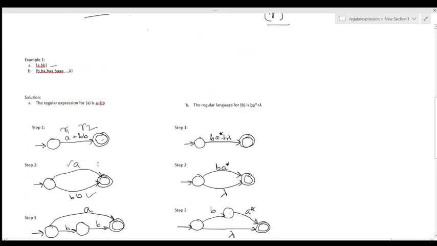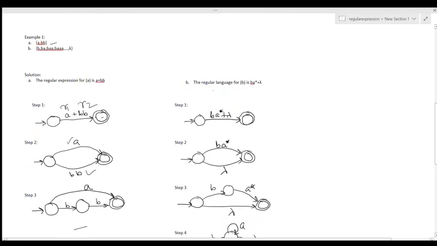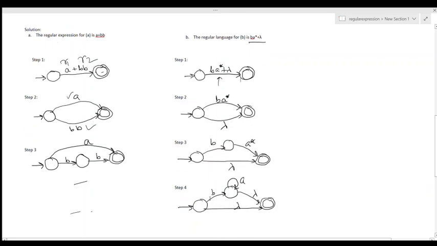For the second example, the regular expression for the corresponding language is B A star plus lambda. So we write it down as before like this. Then since there is a plus symbol here, we have parallel edges. In the third step, we break it like B, then A star as an edge, and lambda as well.